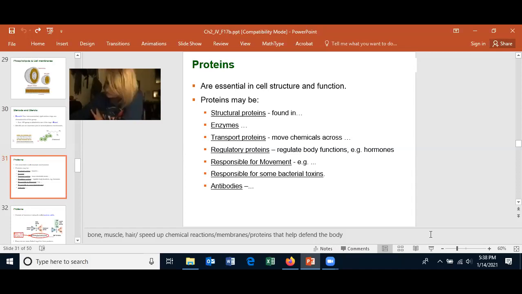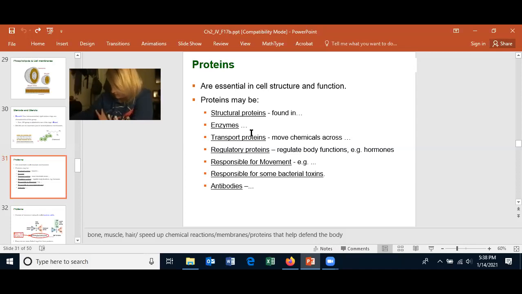And then they perform essential functions in the cell. Like I'm sure you're familiar with enzymes. They have a function in the cell, converting one molecule in a chemical reaction to another molecule. And we'll talk a little bit more about enzymes later. I think it's this lesson. Maybe it's the next lesson.